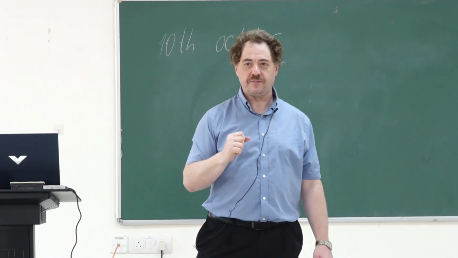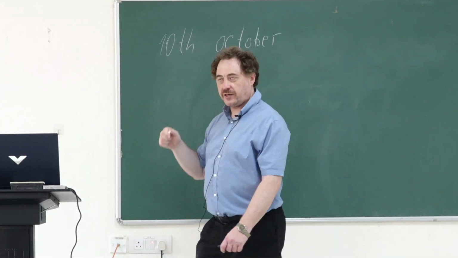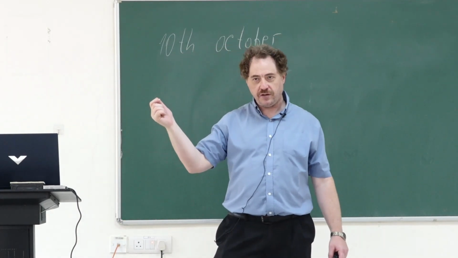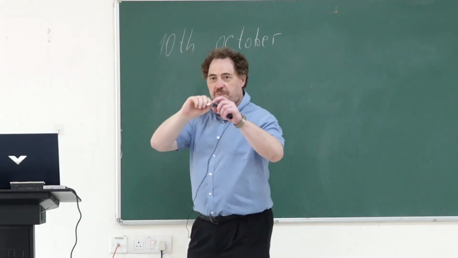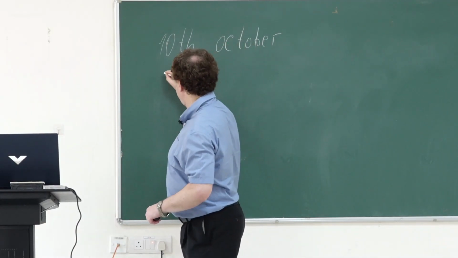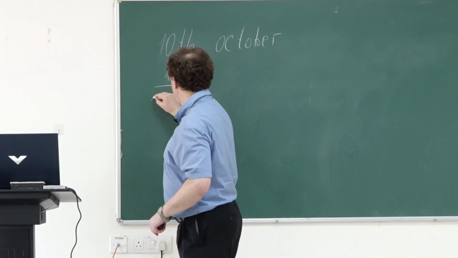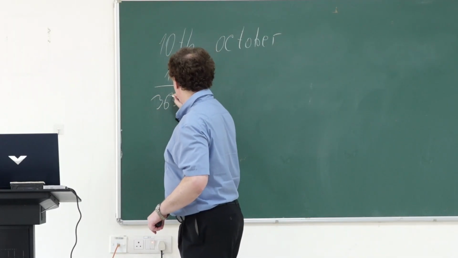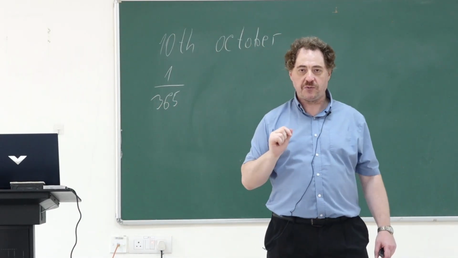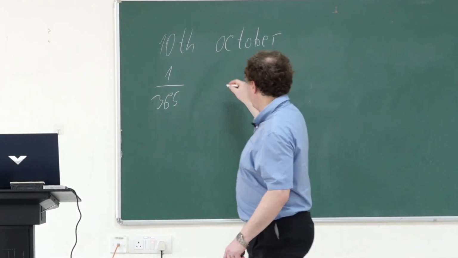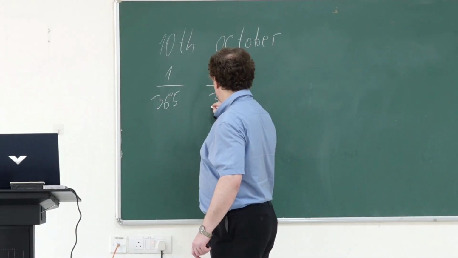Well, there are 365 days in a year, and for one of you, the probability that you are born on the same day as I is 1 by 365, and the probability that the other person is born on a different day is 364 by 365, right?